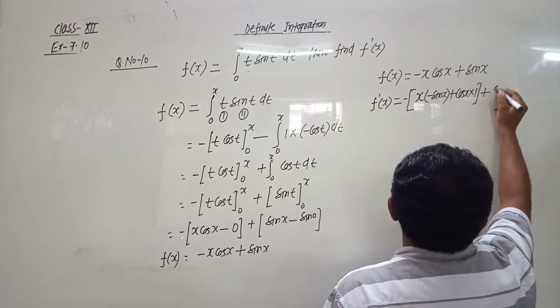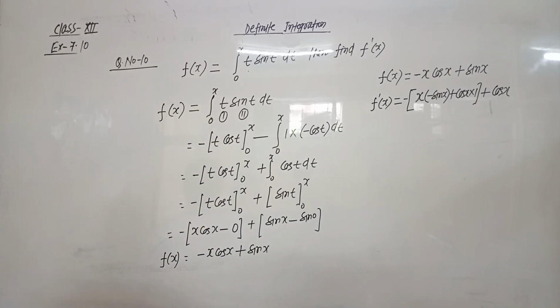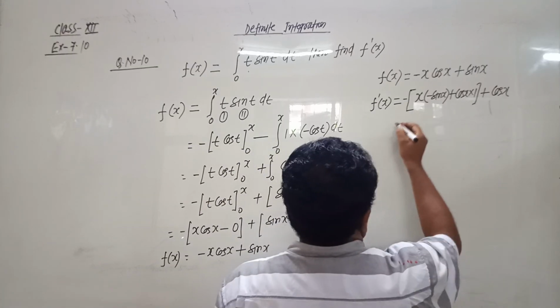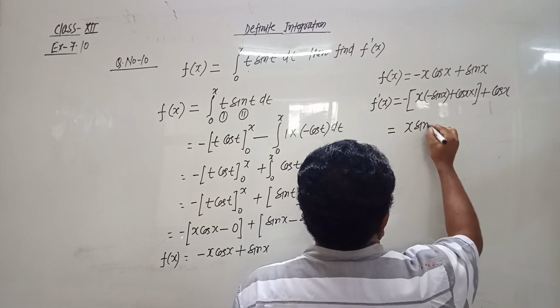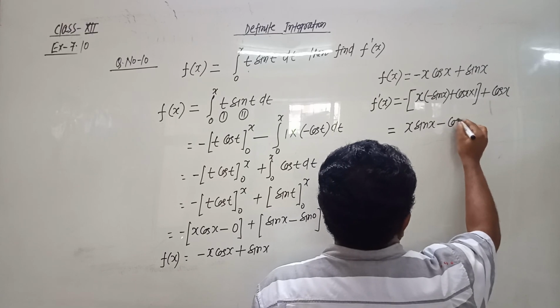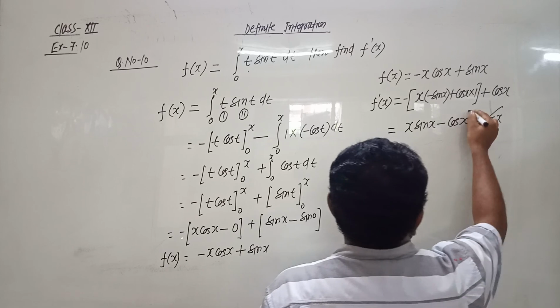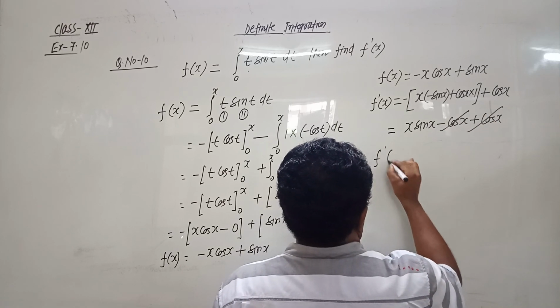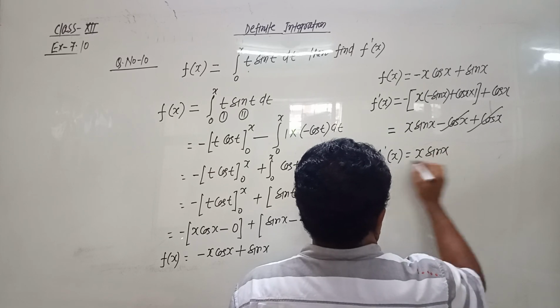And differentiation of sin x is cos x. Minus x cos x would be differentiated in the form u into v, then remove the bracket, minus minus plus x sin x minus cos x, and this plus cos x. So plus cos x minus cos x cancelled, and the result we get f dash x equals to x sin x.